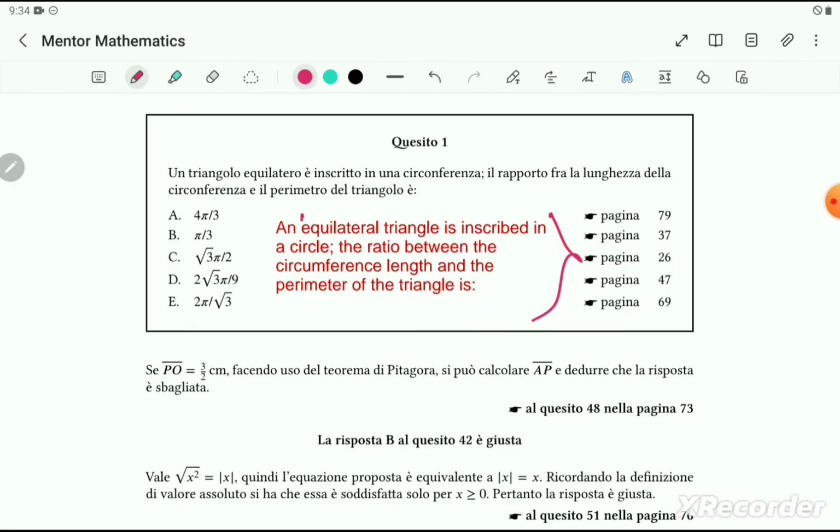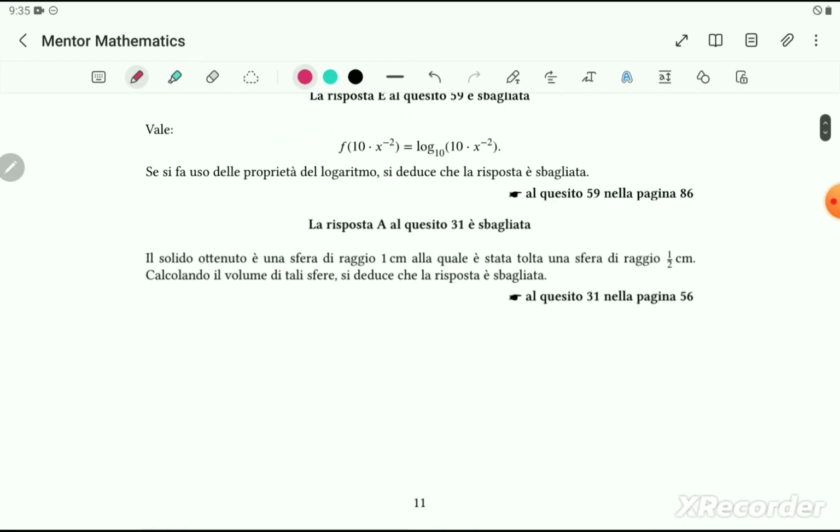For example, what is an equilateral triangle? What do you mean by inscribed? And we know the ratio is just simply the division of two terms. And what is circumference length? What is the perimeter of a triangle? First I will discuss it, then we'll solve the problem.